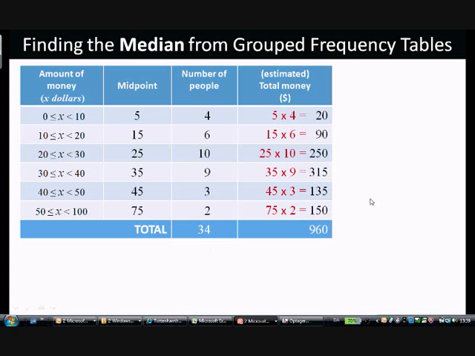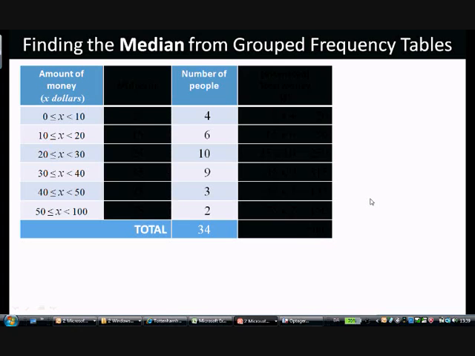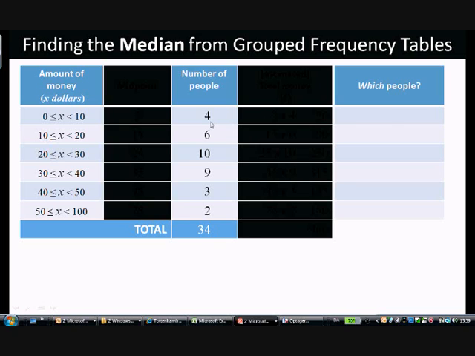That's what we did last time. This time we're going to forget those 2 columns and just concentrate on the categories and the number of people in those categories.